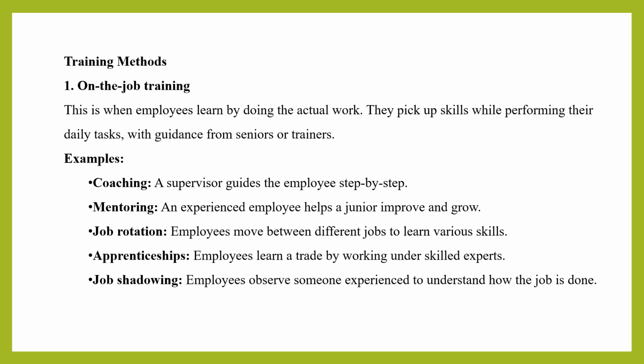Fourth one is apprenticeship. Employees learn a trade by working under a skilled expert. Next one is job shadowing. An employee observes someone experienced to understand how the job is done. So these are the methods of on the job training.